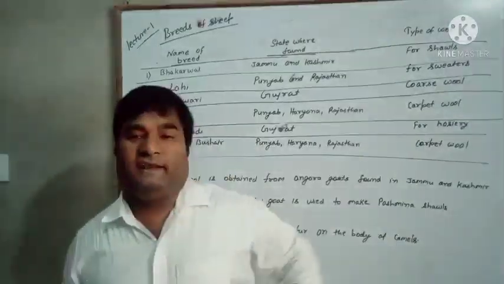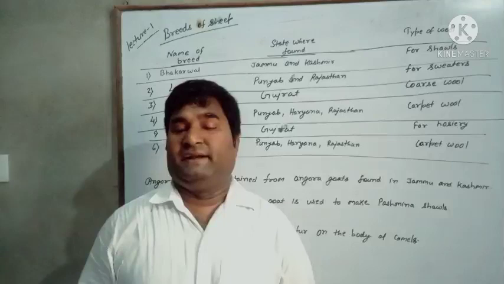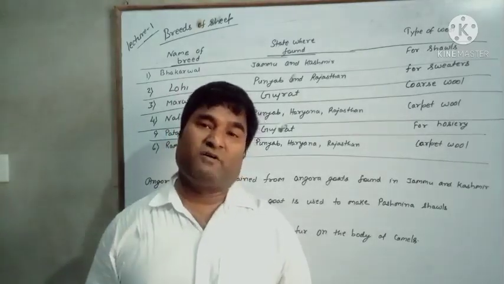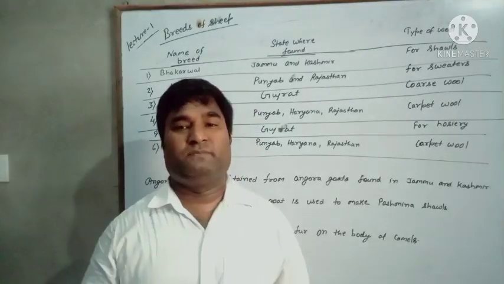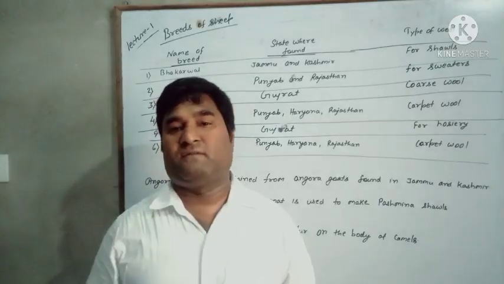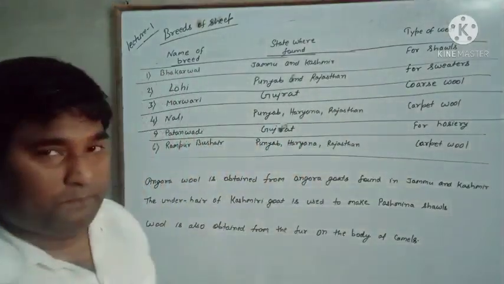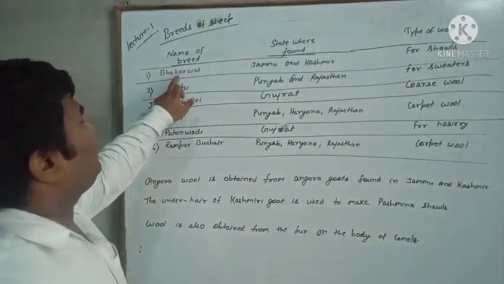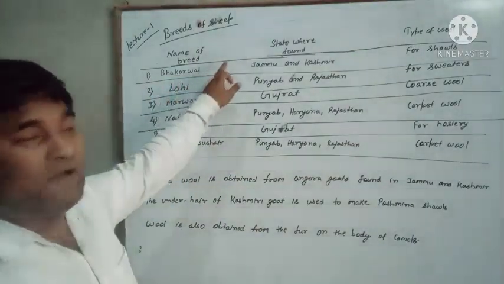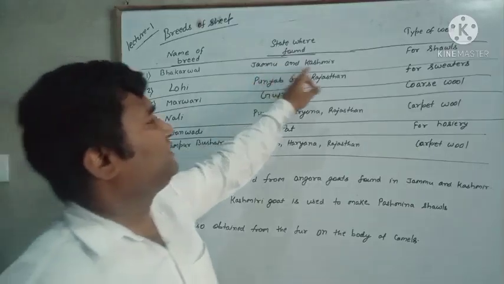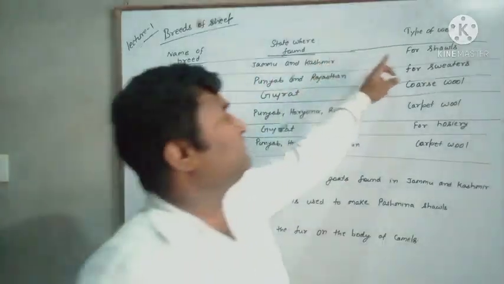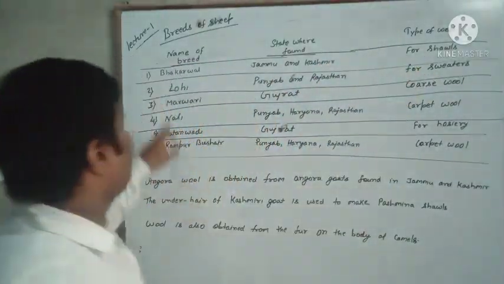Okay, next are some breeds in India: the name of the breed, the state where it is found, and the type of wool obtained from the breed. First is Bakharwal. This is found in Jammu and Kashmir and it is used to make shawls.